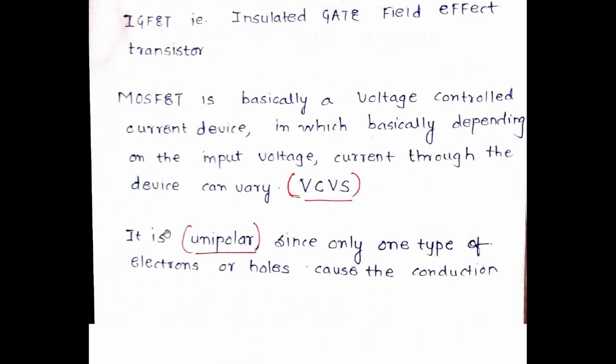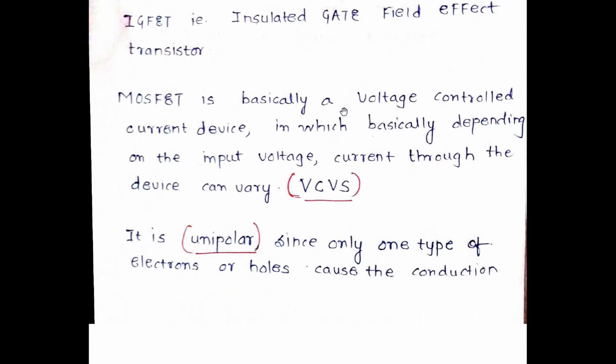Now this MOSFET is basically a voltage controlled current device. Okay, so basically what happens is that when the voltage is varied, the current gets affected. So basically here is a mistake, everyone, please make a note of it. It is a voltage controlled current device. It should be VCCS. Please make a note of it.